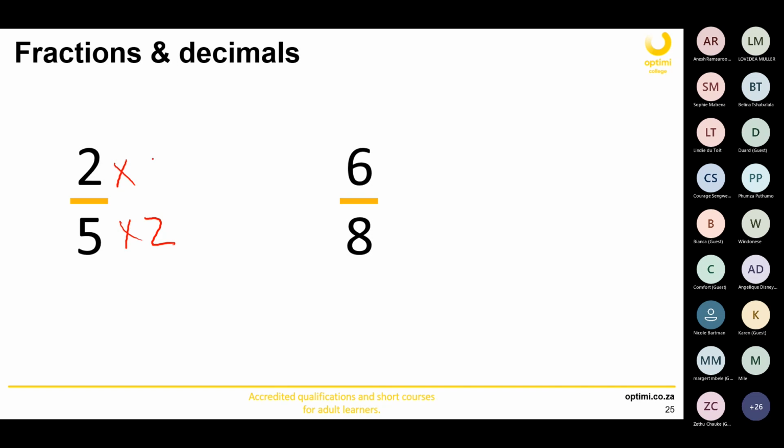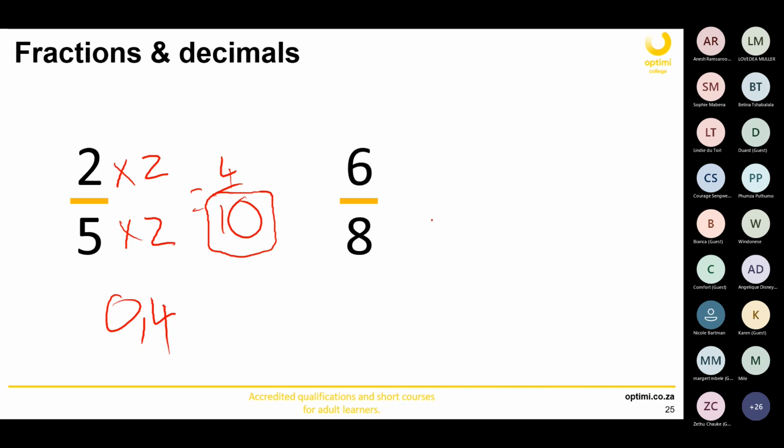So what I do at the bottom, I do at the top, it becomes 4/10. 4/10 means it is 0,4. I write 4 and I put the comma just before it. How do I know the comma should be just before 4? There's 1 zero at the bottom, so the 4 needs to be 1 space after the comma.